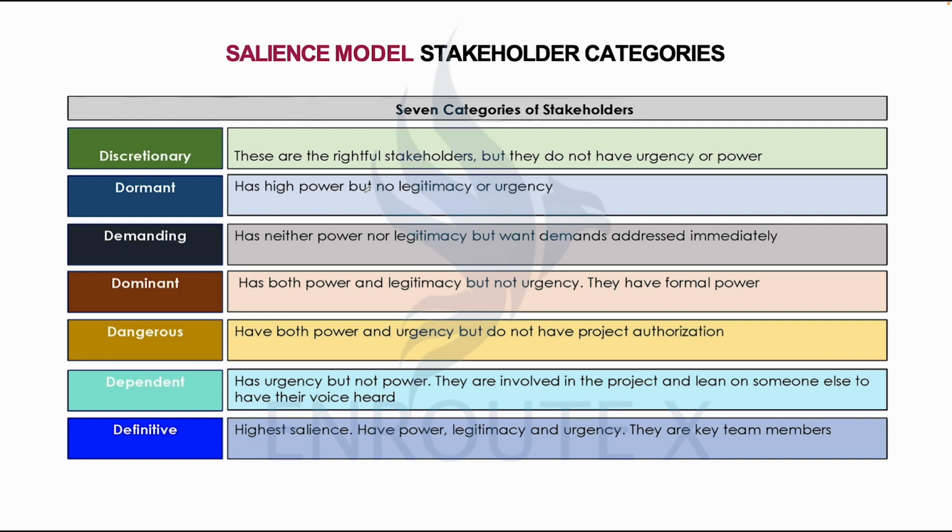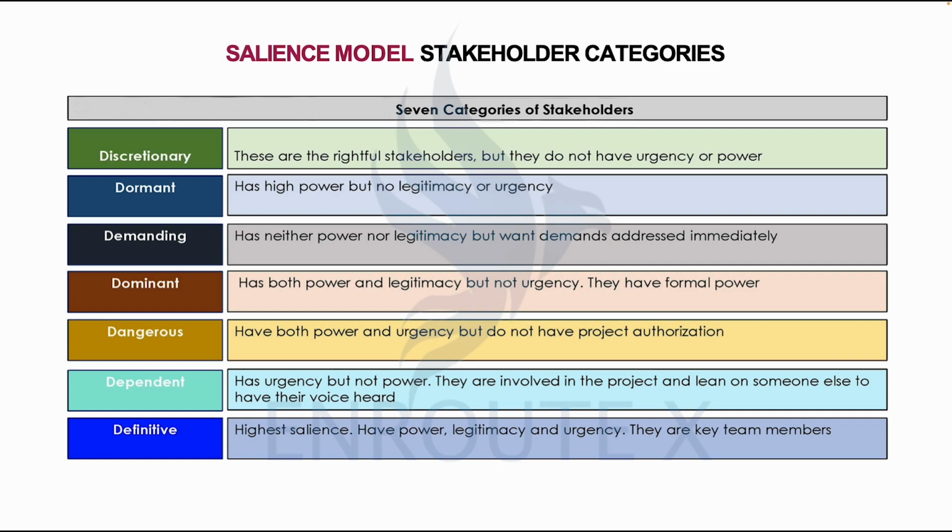Then the dependent has urgency, but not power. They are involved in the project and lean on someone else to have their voice heard. Then the definitive, highest salience, have power, legitimacy, and urgency. They are the key team members.